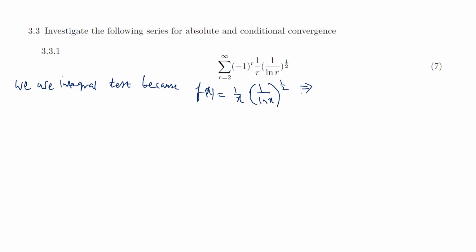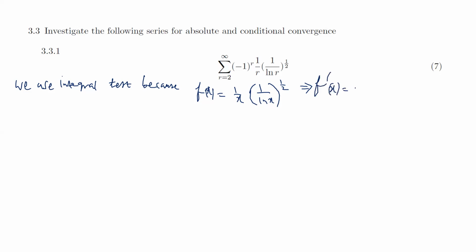Right, we need to find the derivative of this. I want us to see that this one is decreasing. One way to do that is to find the first derivative.